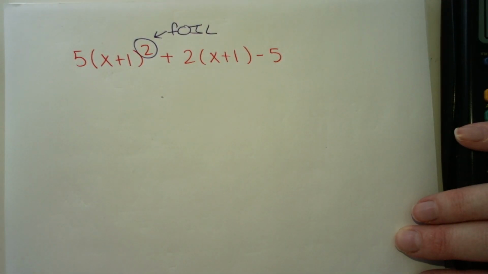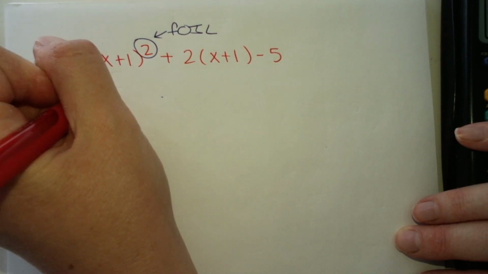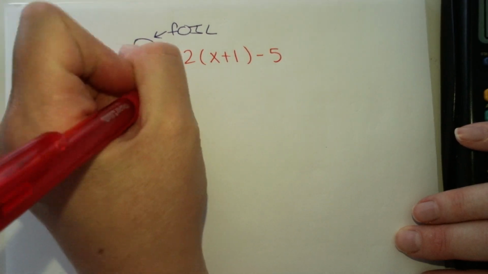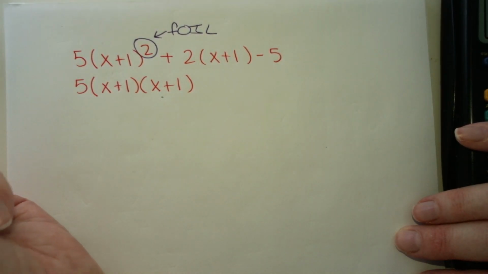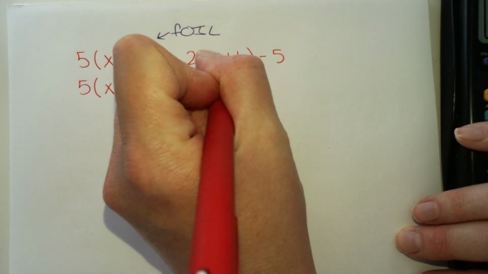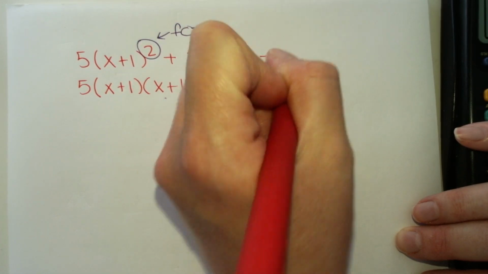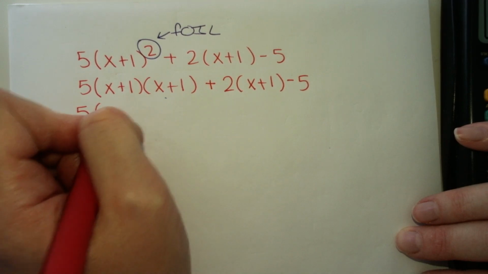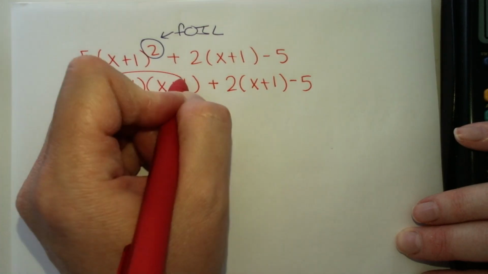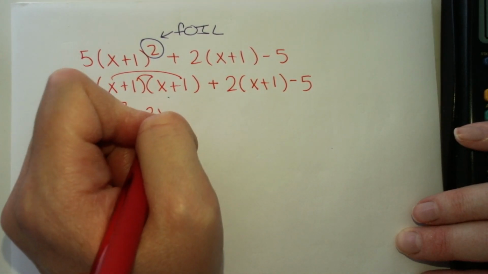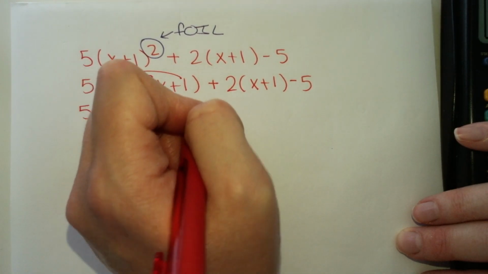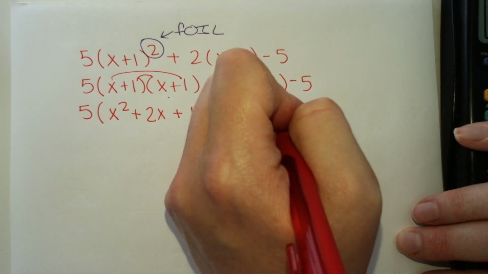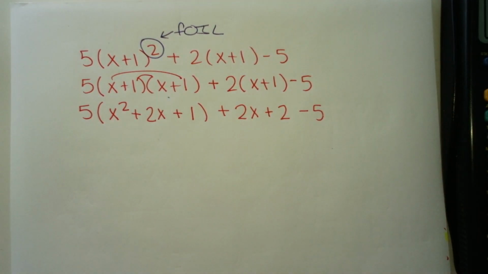So I'm going to have 5 times x plus 1 times x plus 1 because I have those two copies, and then plus 2 times x plus 1 minus 5. When we FOIL it, we'll have x squared. The outer and inner will be a 2x, and then the last two will be a plus 1. And then plus 2x plus 2, and then the minus 5.